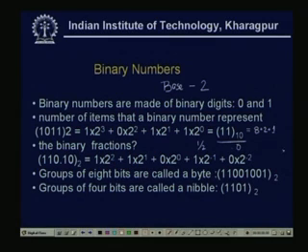So, this will give my decimal number. Now, a group of 8 bits in a binary number system is called a byte, and a group of 4 bits is called a nibble.